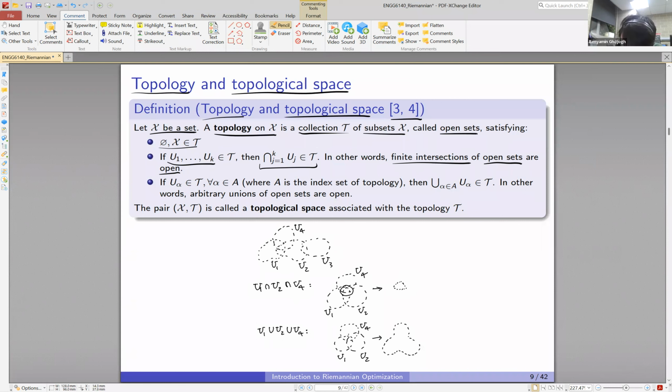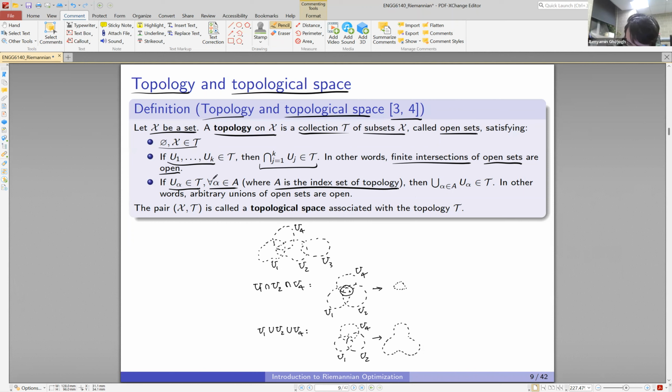If U alpha belongs to T for all alpha in A. What is A? It's the index set of the topology. It means the indices of these open sets which are in the collection T. For example, if collection T has 4 open sets, then A is the set {1, 2, 3, 4}. So it's the set of indices.